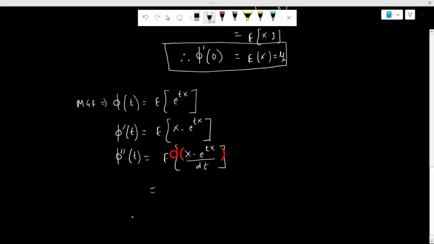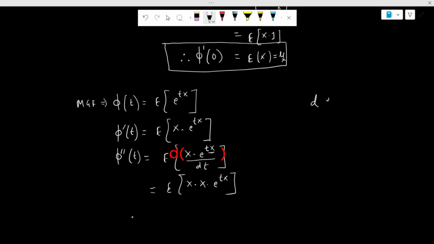So this is equal to the expectation of, taking the derivative with respect to t, x times x e to the power tx, because the derivative of e to the power tx with respect to t gives us x e to the power tx. Let us make the base the same.